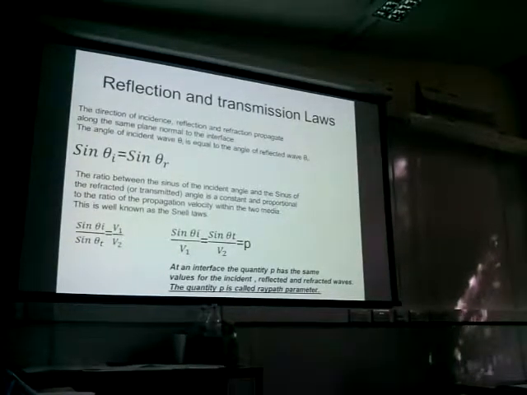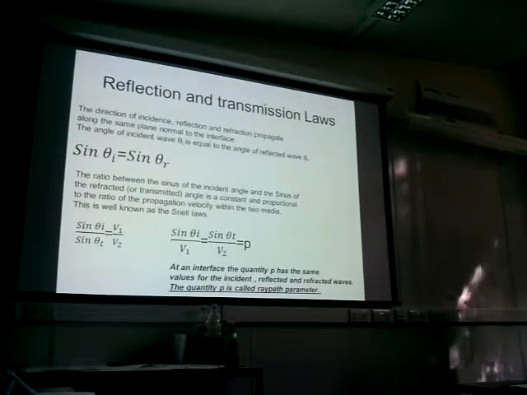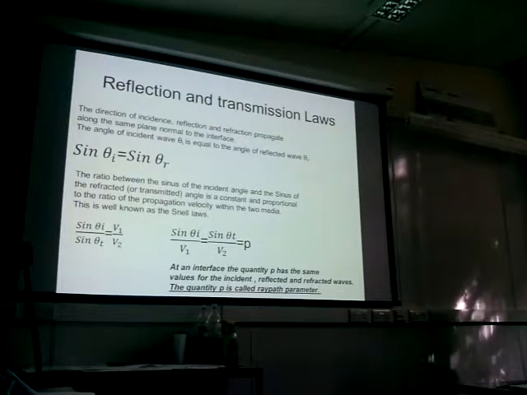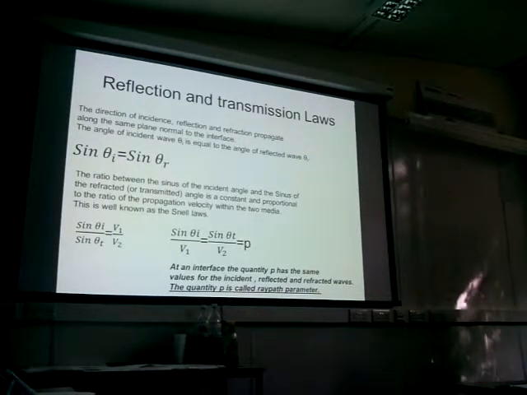V1, the velocity where the incident angle is coming from, divided by the velocity V2, is equal to the sine of the incidence over the sine of the transmitted, the one propagated below.